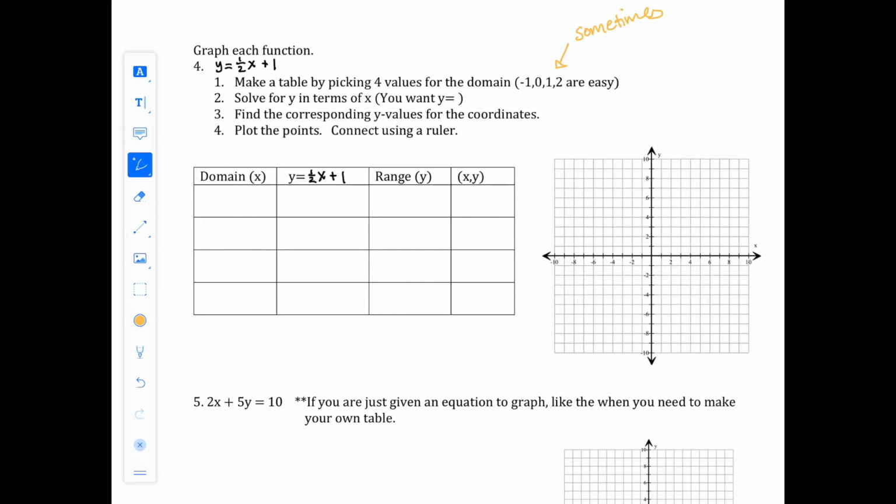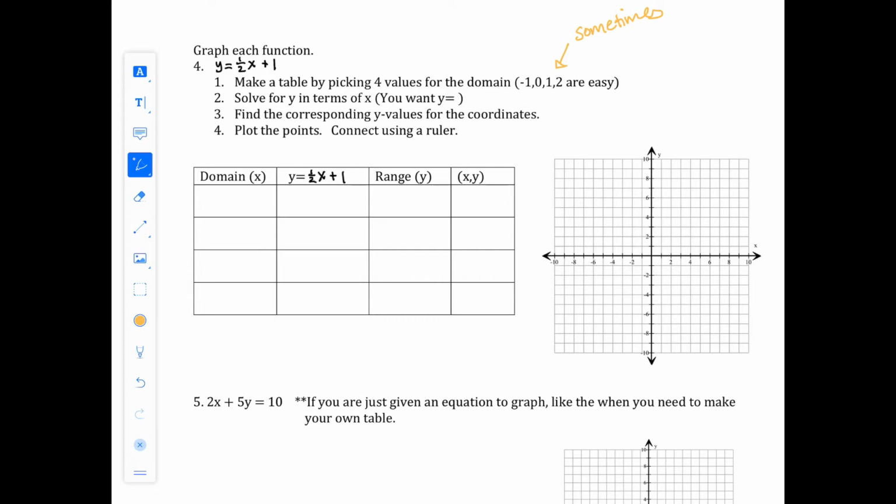We're going to use the values that are easiest for us. So we'll keep going and you'll see what I mean. Then we're going to find the corresponding y value, those ordered pairs, and we're going to plot the points and connect the dots. Now, let's start with step 1. I'm going to pick values to plug in.